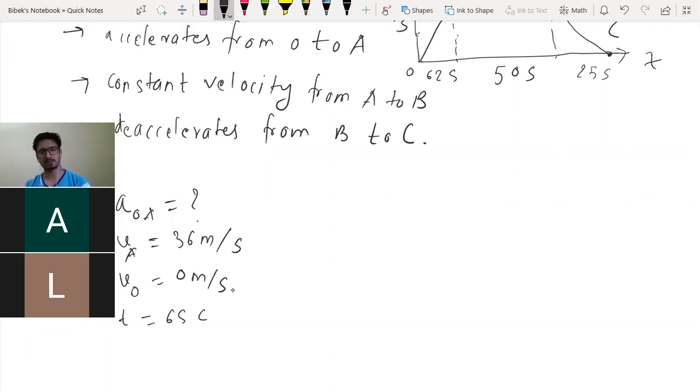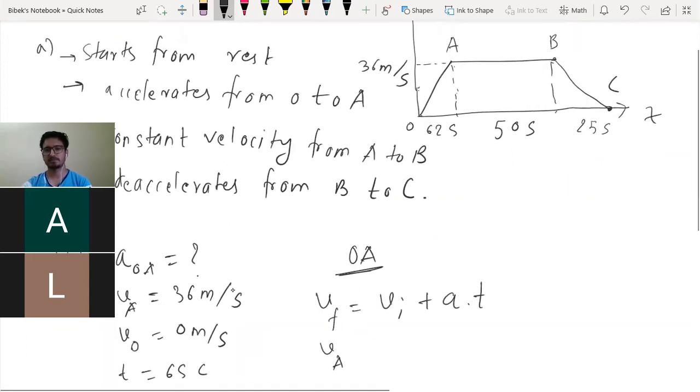You need a formula that involves velocity, acceleration, and time, so you use this one: the final velocity is the initial velocity plus the acceleration times time. Here your final velocity is VA, and we are solving for the interval O to A.